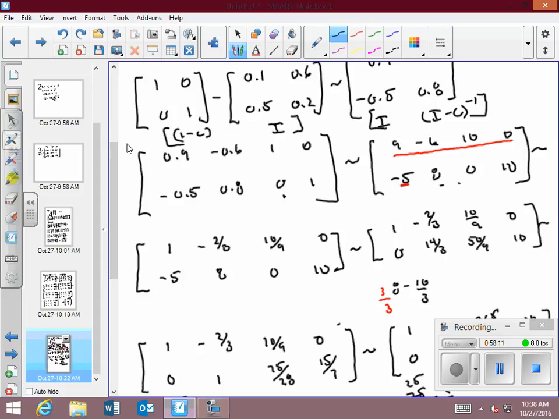Multiplied by 10. And then divided by 9. 5 times the first. I think there's something wrong here, isn't there?